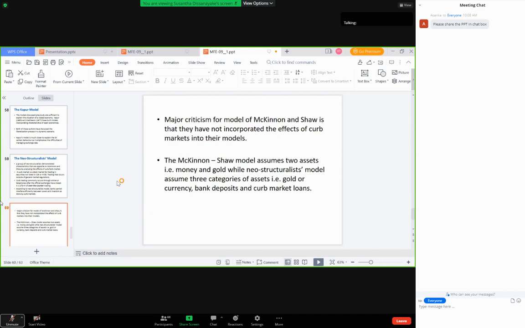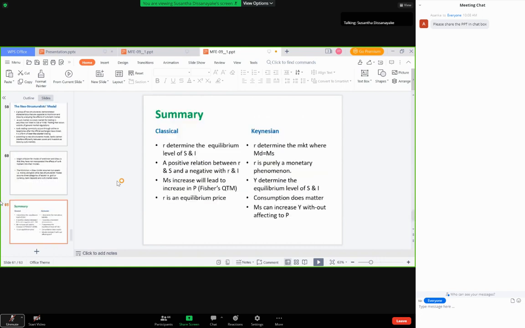The McKinnon and Shaw model assumes two assets, money and gold, while the neo-structuralist model assumes three categories: gold or currency, bank deposits, and curb market loans. So the neo-structuralists came up with a new point, which they named the curb market.